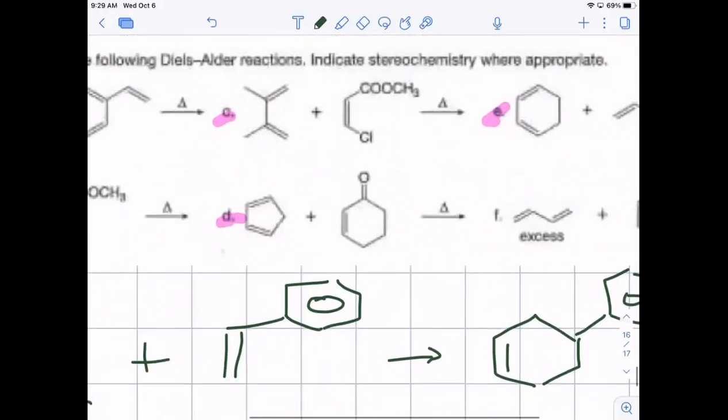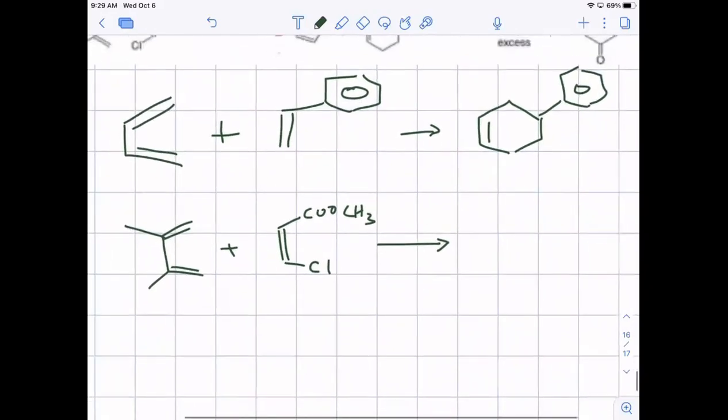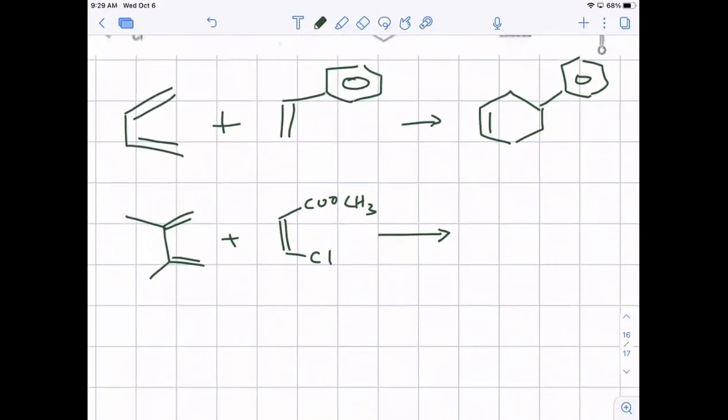Let's see, OCH3. What do we have to think about with this example?